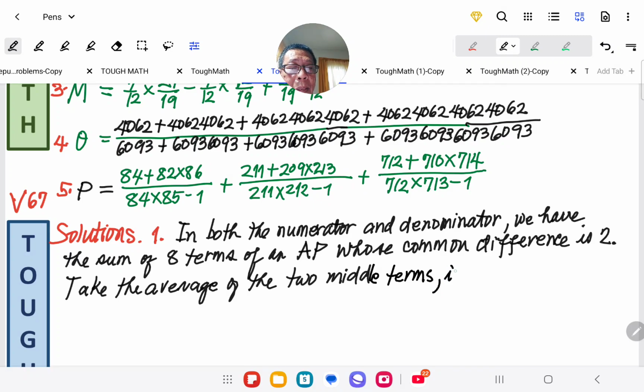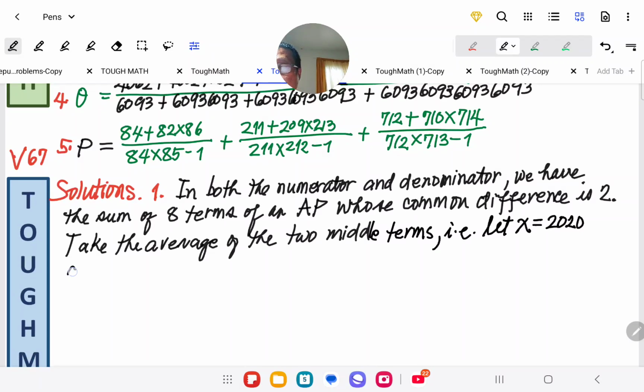That is, in the numerator, we let x be equal to 2020, and in the denominator, we let y equal 2021.